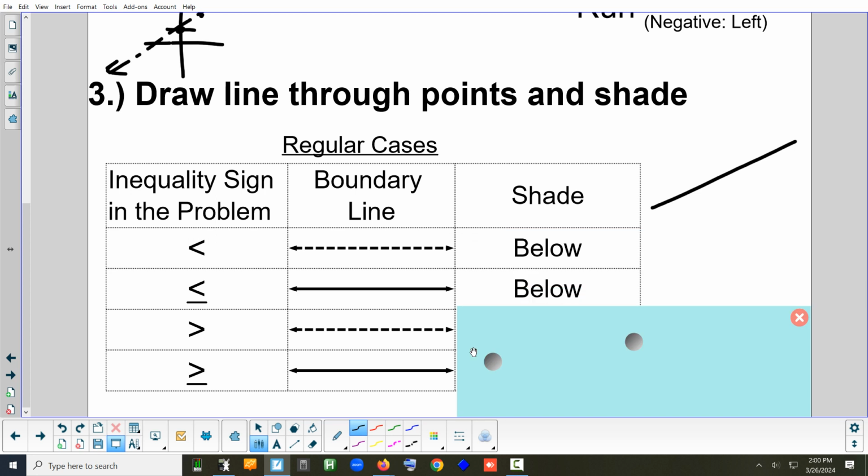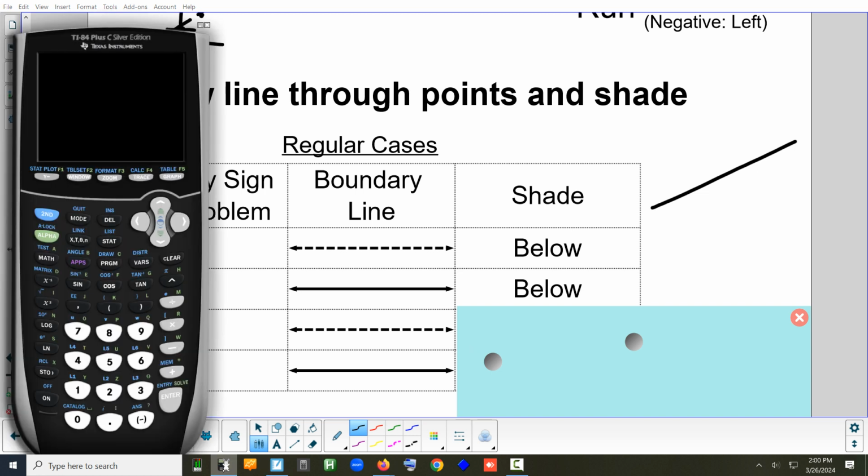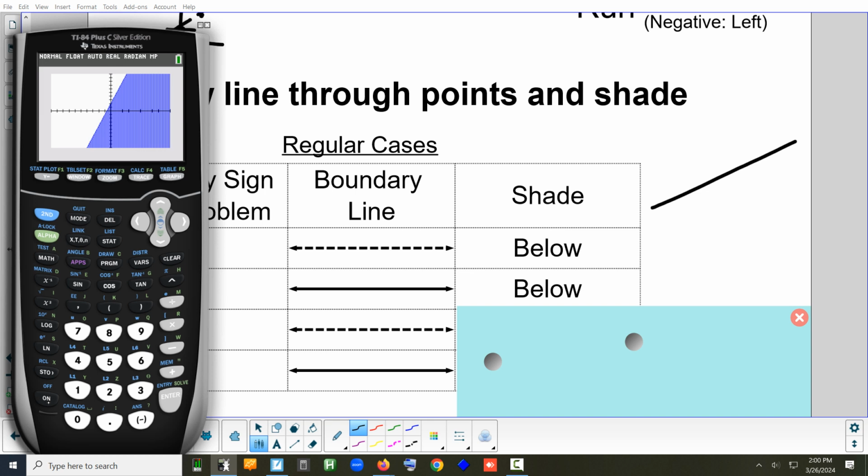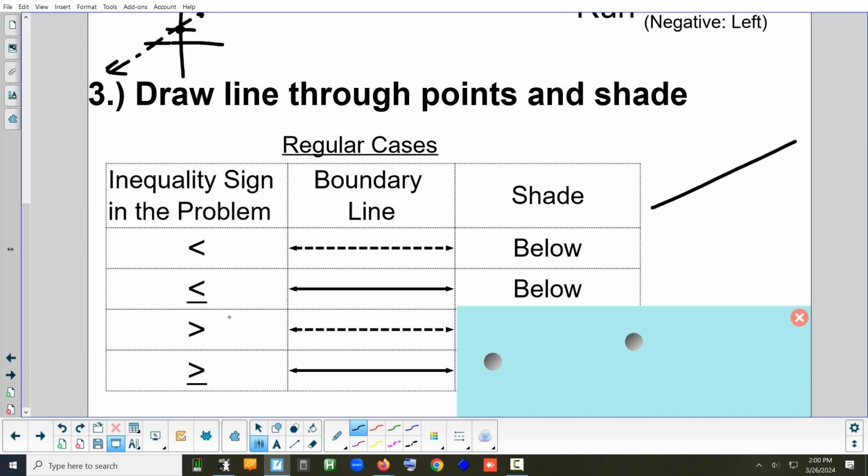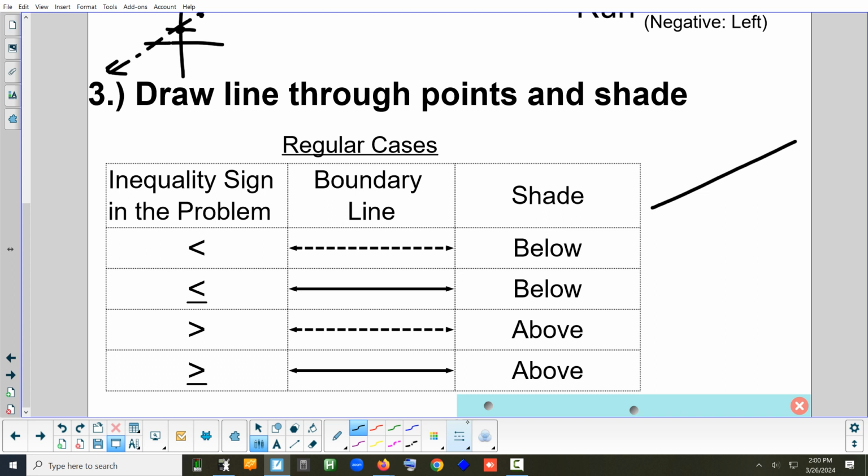So whenever we have a less than symbol, we're going to shade under the line. That's what I did on the graphing calculator. That's an example of shading under the line. Shading up here, that would be above the line. I'm assuming the next two are going to be above. Yep. So whenever you have a greater than in the original problem, greater than means to shade above.